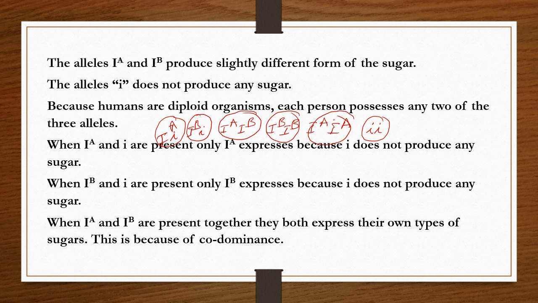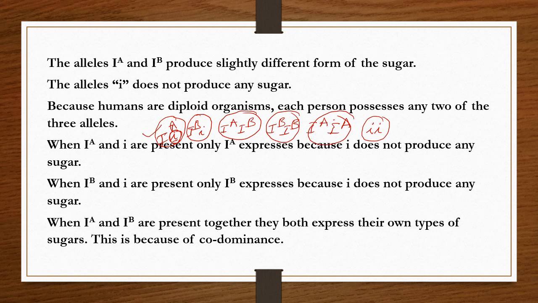Now when IA and small i are present, IA expresses because small i does not produce any sugar. So when IA and small i are present in a cell, small i is recessive because it does not produce any sugar, and IA produces the sugar polymer. That's why IA is dominant and it will express its character.